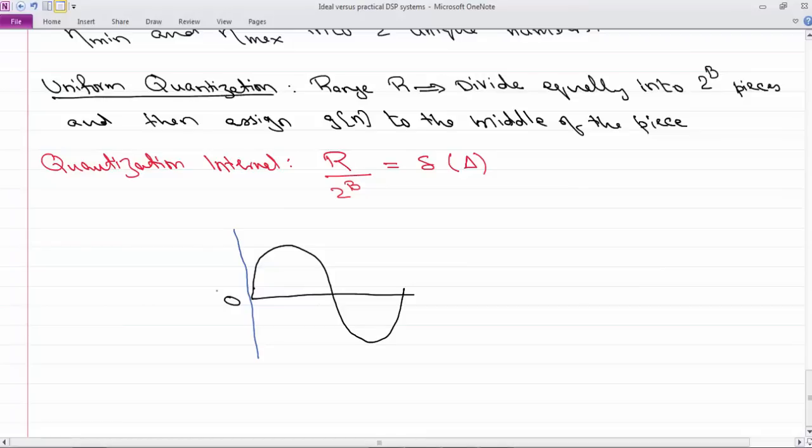So you have intervals of size delta. So here is, for example, one interval. The size of this interval is delta. Now, if I sample at this point, these are all the values that are in that range.